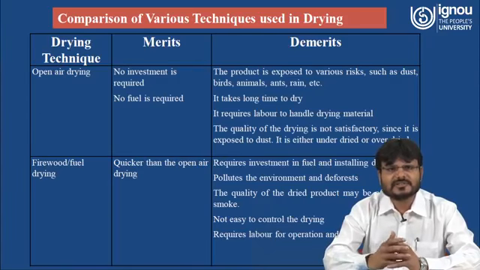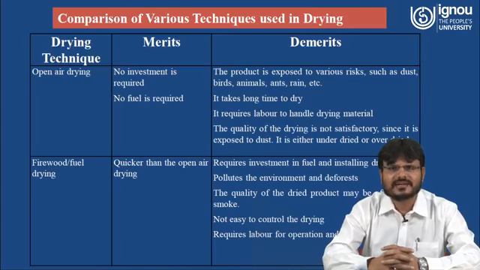So the first technique, open drying, I have already told you that no investment is required and no fuel is required. And what is the demerit? The product is exposed to various risks such as dust, birds, animals, ants, rain, etc. It takes a long time to dry, that means drying time is very high.